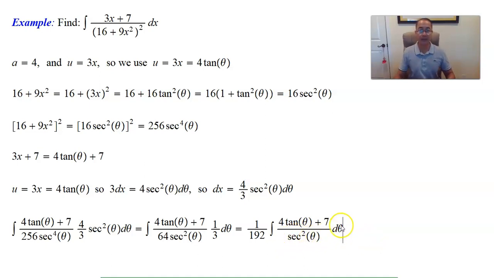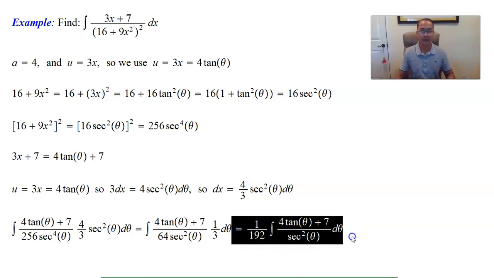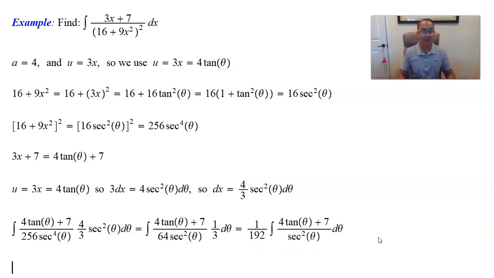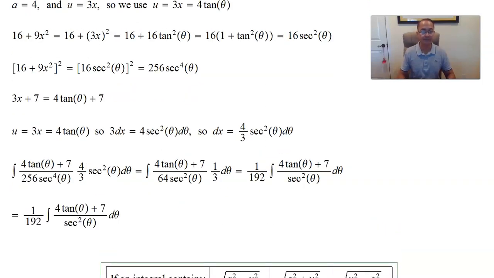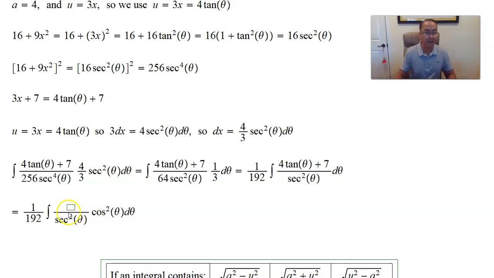Because what I want to do next is bring secant squared into the numerator, because 1 over secant is cosine. So there's a cosine squared in our problem, but it's in the numerator. So I will turn the secant squared into cosine squared, and we're going to keep this.